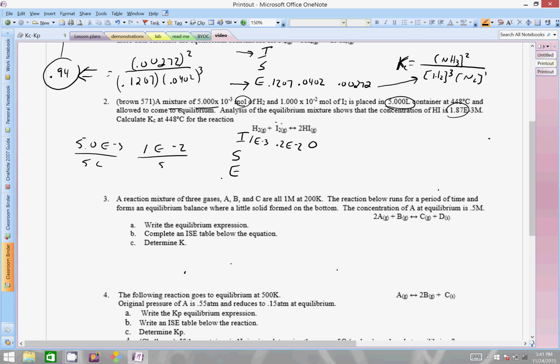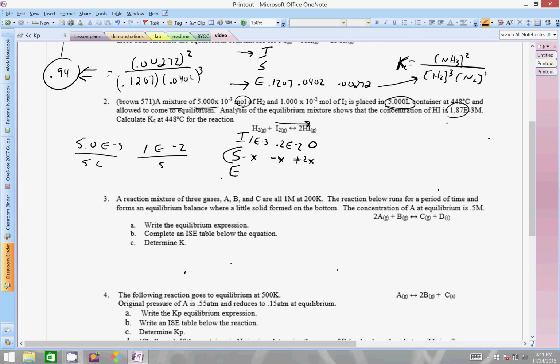This reaction will shift this way to achieve equilibrium. The stoic ratio is going to be minus x, plus 2x, and as it shifts to attain equilibrium, it will shift in this stoic ratio. Alright, I want to solve for x in this case.